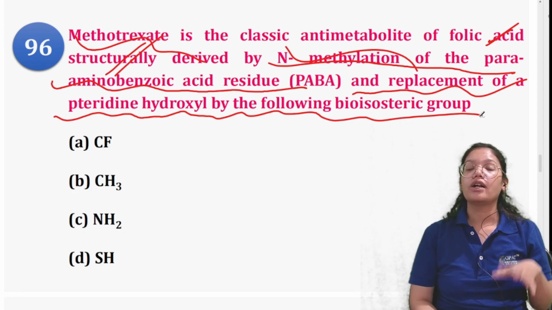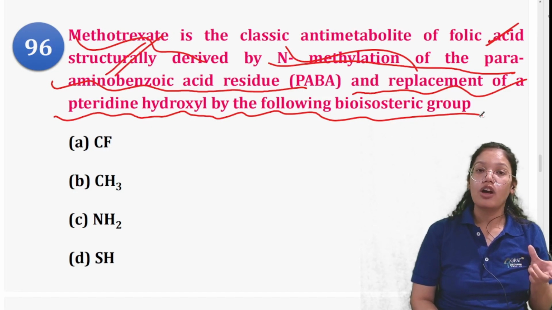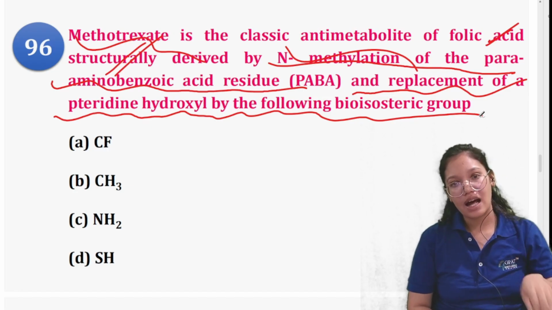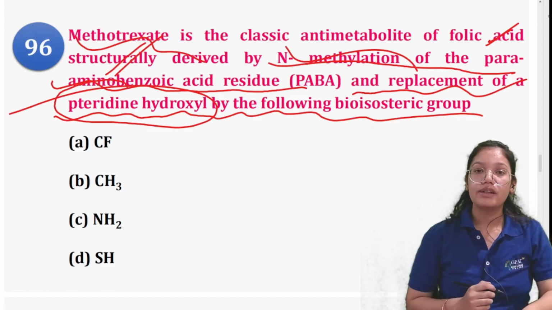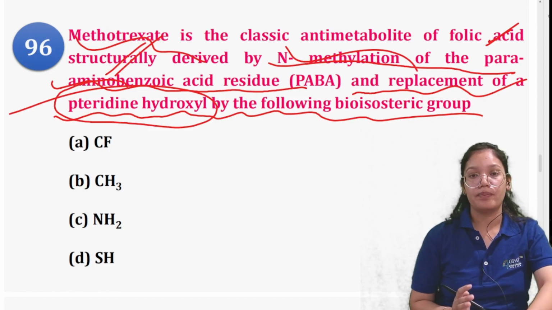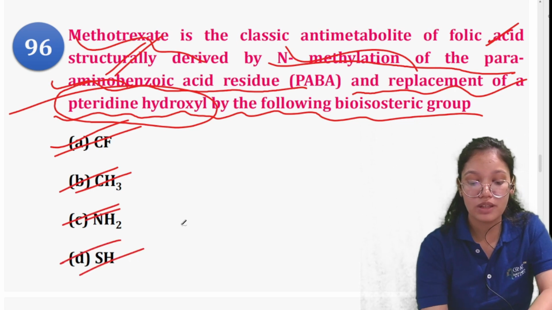So what replacement do we add at the pyridine hydroxyl group in the structure of folic acid so that it becomes methotrexate? They are asking whether it is CF, CH3, NH2 or SH.